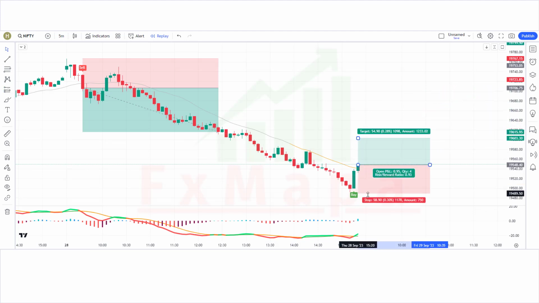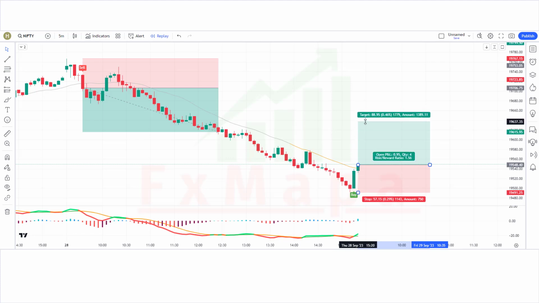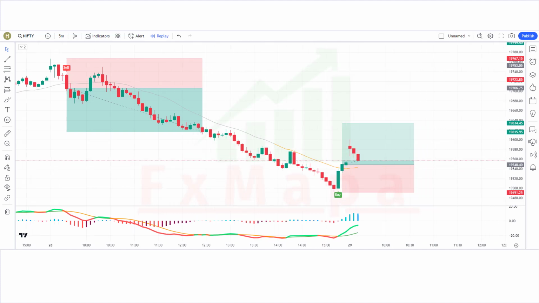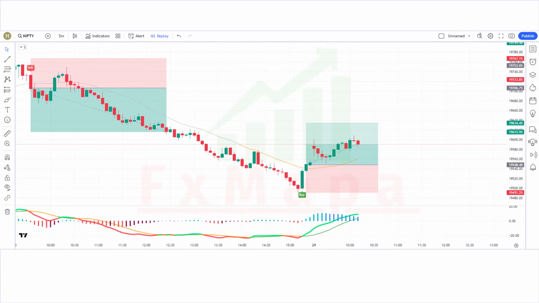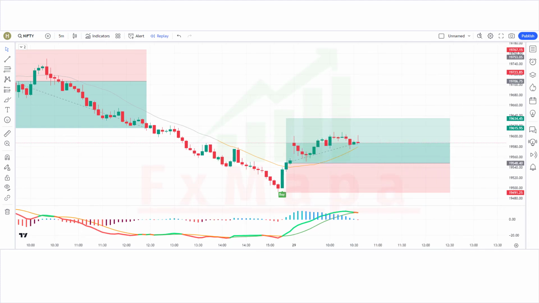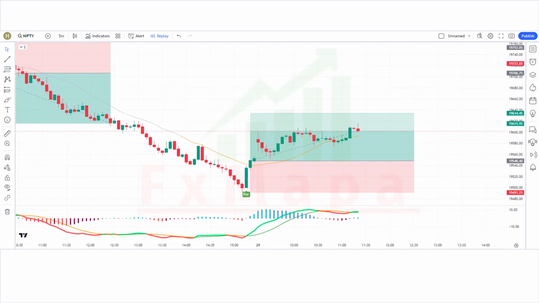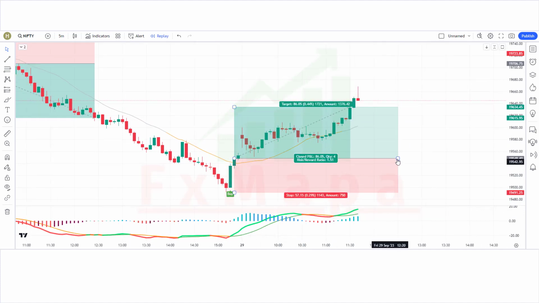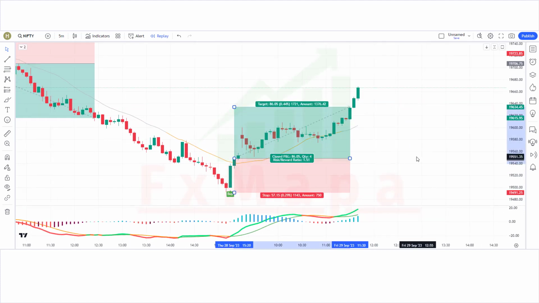Our stop loss will be placed at the current market lower level, and the risk to reward ratio will be 1:1.5. Let's see what happens to our trade. Our trade is running in profit. We have won the trade. Wait for the next signal.